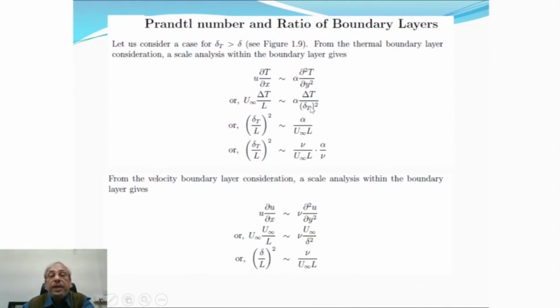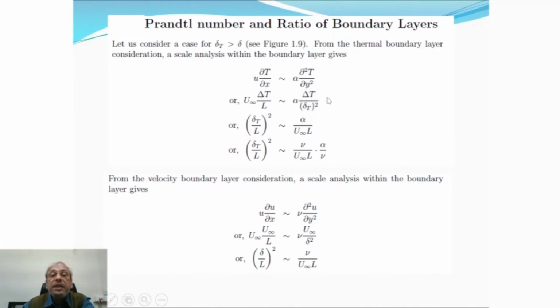This is very simple, just changing the side. δ_T/L squared is given by α. This δ_T is the boundary layer thickness and this ΔT is the temperature difference across the boundary layer.